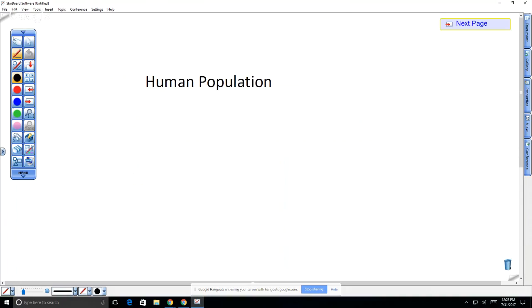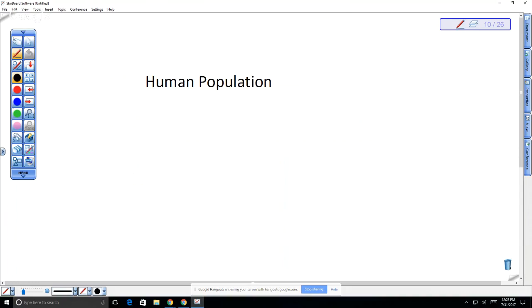Okay, so all of this leads to a discussion of human populations. When we look at the human population, it was relatively stable for a long period of time. And then something happened, and that something was primarily agriculture. Our current population you can actually get by typing in Google population clock.